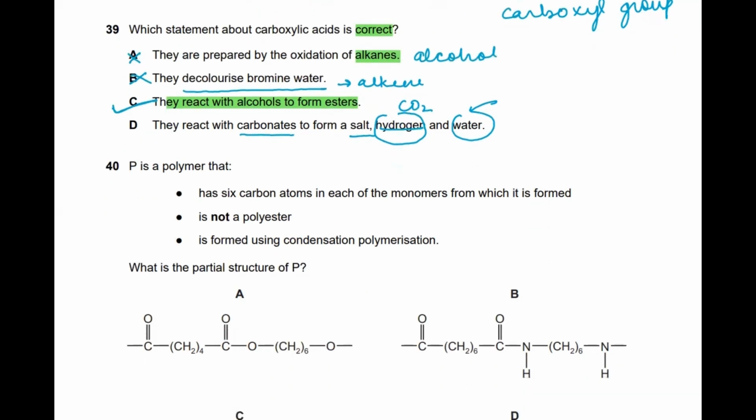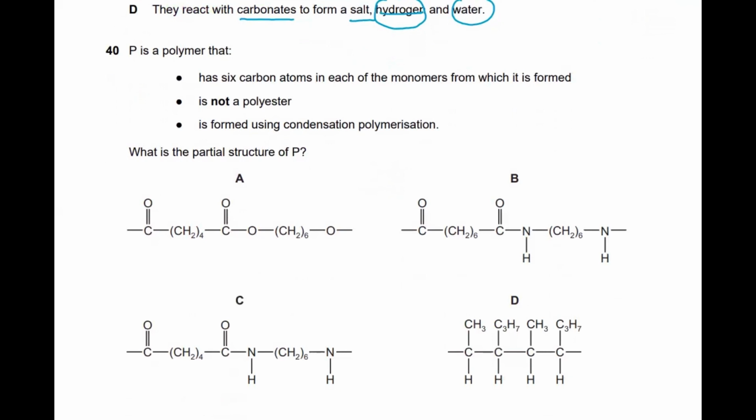And here comes the last question, and the last question is related to polymers. P is a polymer that has 6 carbon atoms in each of the monomers from which it is formed. It's not a polyester, which means it does not have an ester linkage. Now, what is an ester linkage?